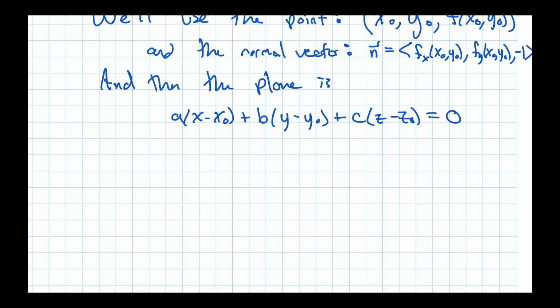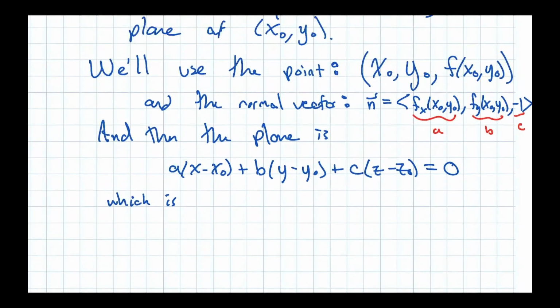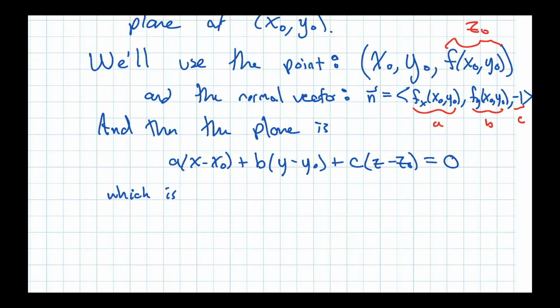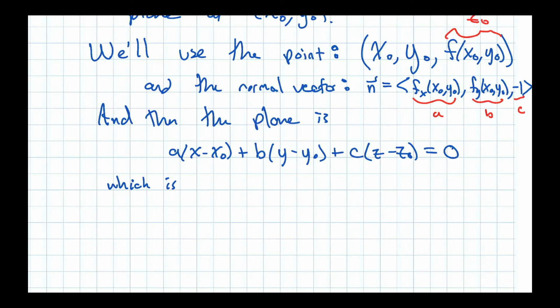So if we fill in our information, the a is the x component from your normal vector. That's here, right? Let me just label this actually. So this is your a, this is your b, this is your c, and this is your z0, which we'll need right here. So you fill those in for a, b, c, and z0.